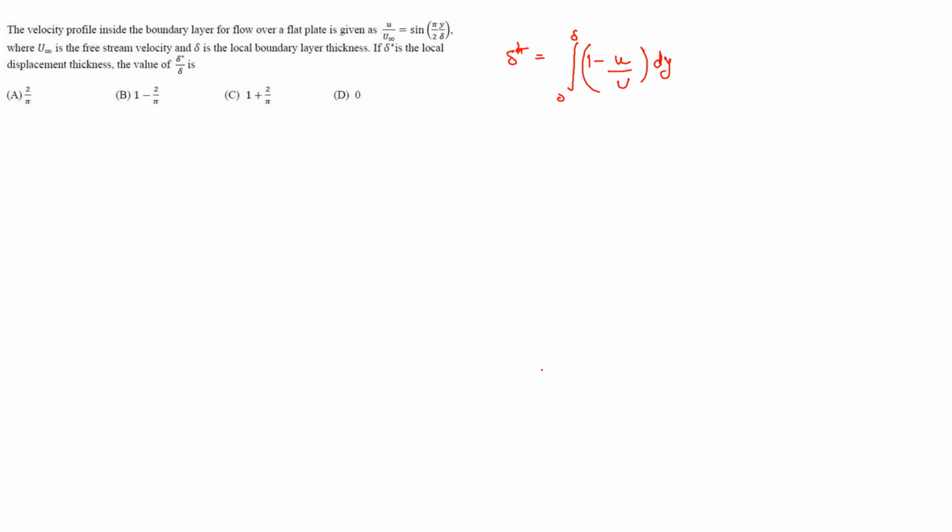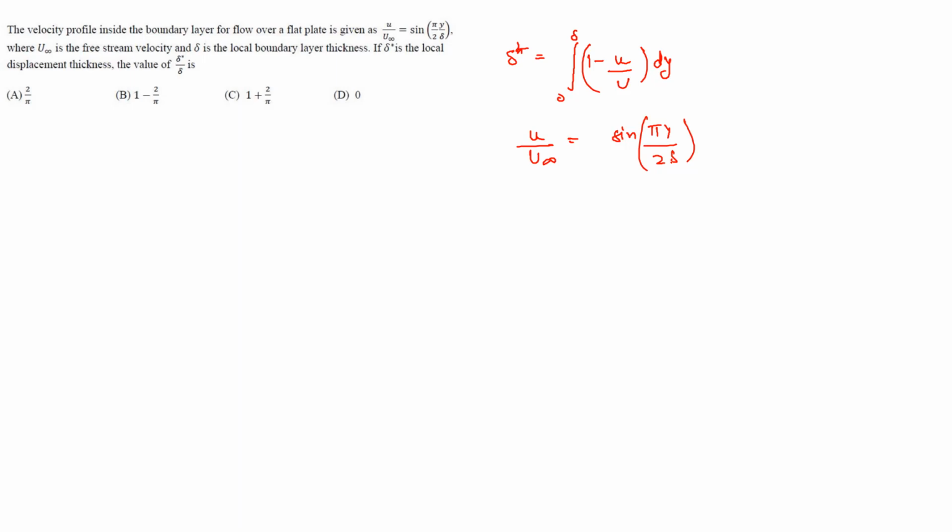The profile here is already given to you, which is u equals u infinity, your free stream velocity, times sine of pi y over 2 delta. So please do the integration, guys.